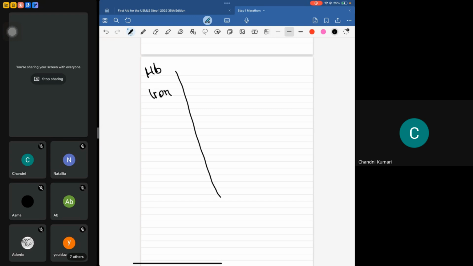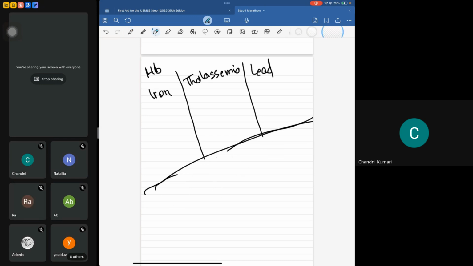The other one could be thalassemia. Then there could be lead poisoning, and then there could be a sideroblastic anemia as well. So we have these four kinds of anemia: iron, thalassemia, lead, and sideroblastic anemia.